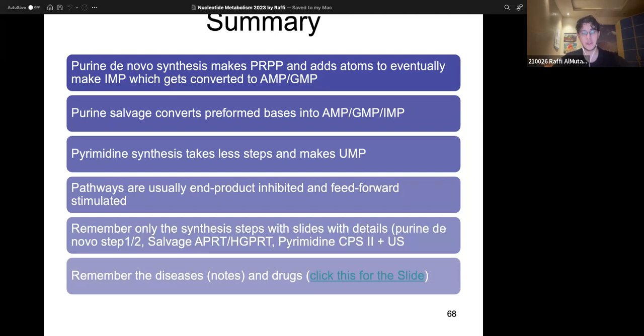It's too many steps. Focus on the steps that we actually covered and that the doctor actually covered. Of course, remember the diseases and remember the drugs as well, because the beauty of this lecture is that we talk about things that can be clinically relevant. I put the diseases in my notes. If you put on escape, for example, you will see the notes section and you'll see all the diseases and all the details you need to know about them.